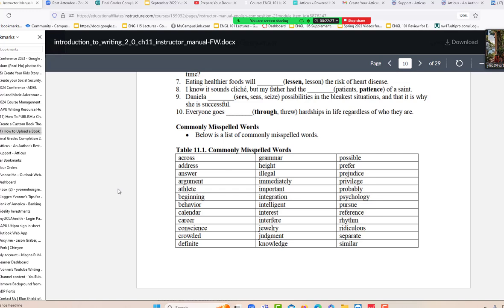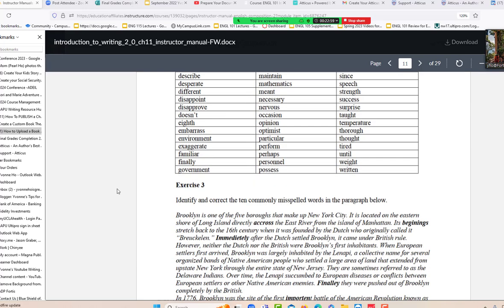So commonly misspelled words. Across, address, answer, argument, athlete, beginning, behavior, calendar, career, conscious, crowded, definite, grammar, height, illegal, immediately, important, integration, intelligent, interest, interfere, jewelry, judgment, knowledge, possible, prefer, prejudice, privilege, probably, psychology, pursue, reference, rhythm, ridiculous, separate, similar.